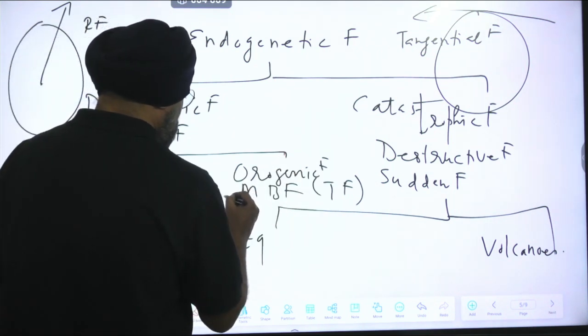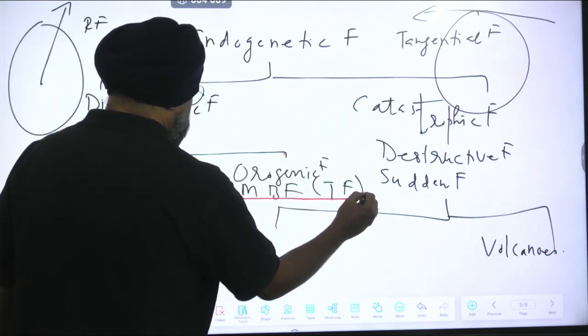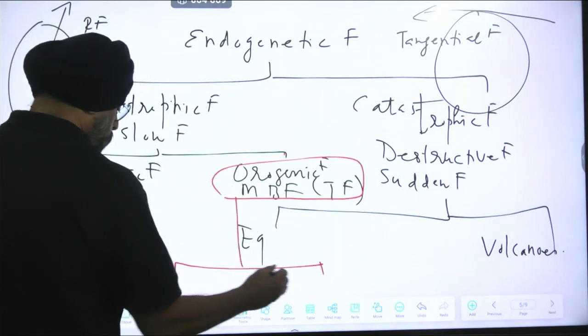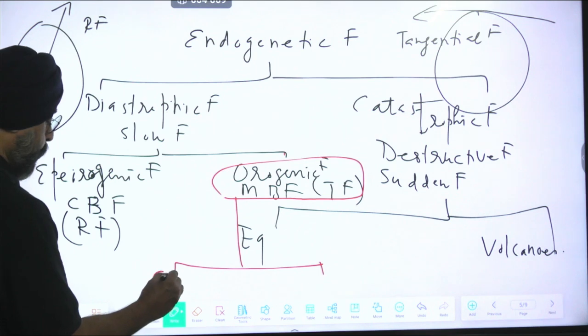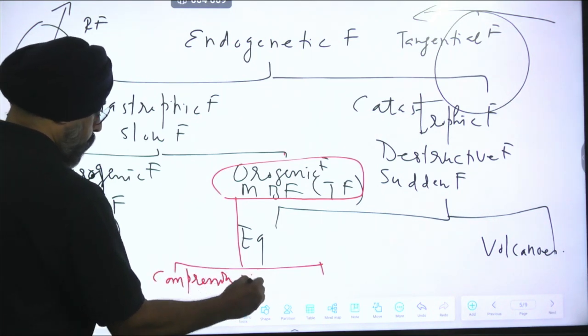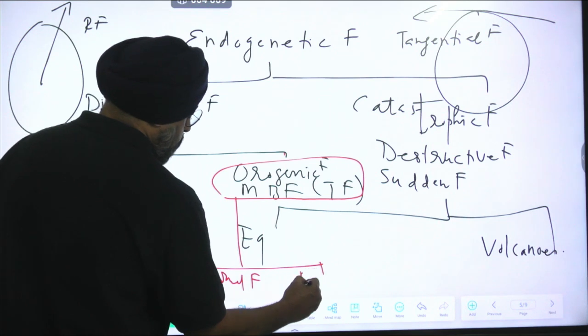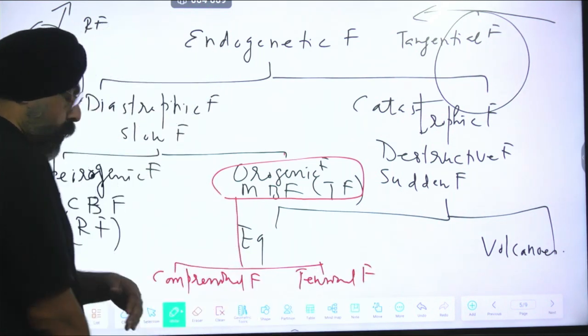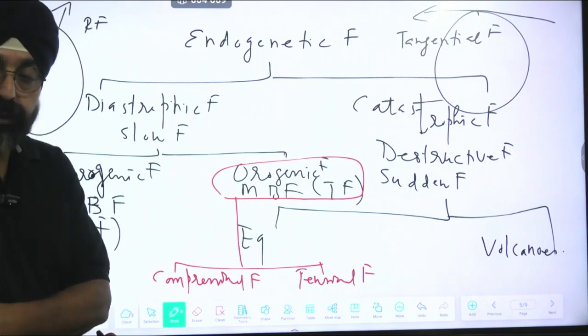This is mountain building forces, tangential forces, divided into 2 parts. These are the compressional forces, and these are the tensional forces. Compressional, tensional.